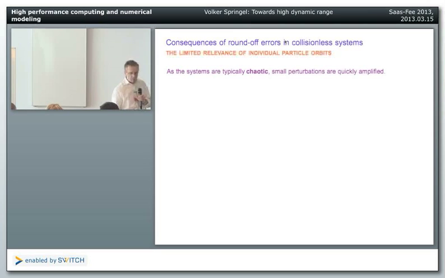Now, what's the consequence of such round-off errors in collisionless systems? Because such systems are typically chaotic, small perturbations, especially in the nonlinear regime, are actually amplified over time. So this is the sort of butterfly effect. If you have even a round-off perturbation, initially this perturbation will stay small, but will still grow exponentially.